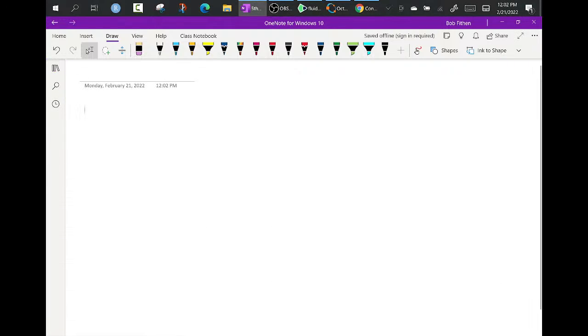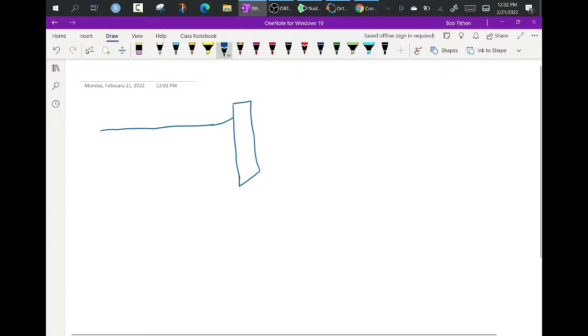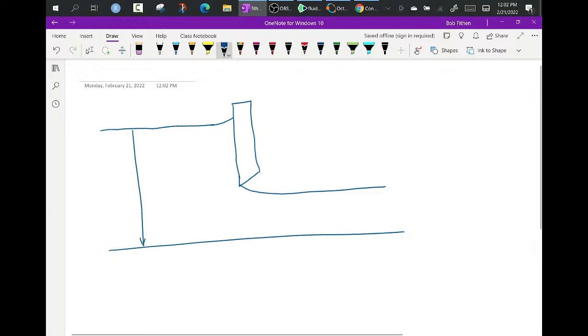So let's assume water from a river came up and hit the wall here, came under the wall, and let's say this is 10 feet, and say maybe it's moving 10 feet per second, all this fluid back here.